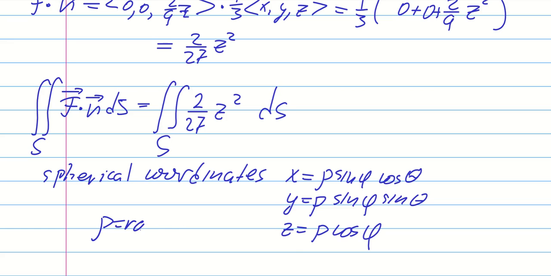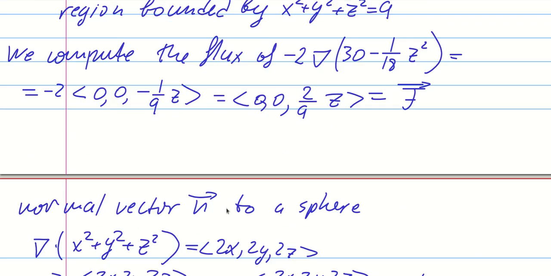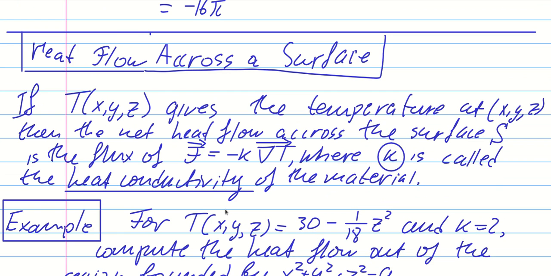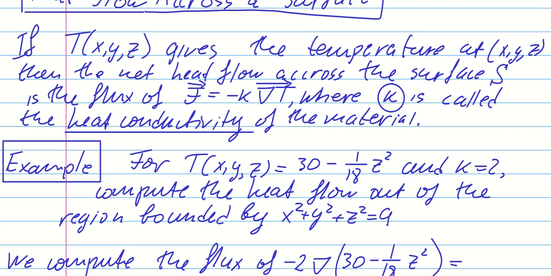Rho is the radius of a sphere. In our case, the radius is equal to 3, right? Our sphere was x squared plus y squared plus z squared is equal to 9.